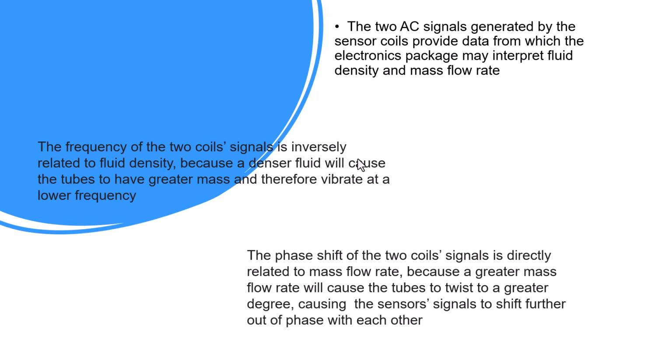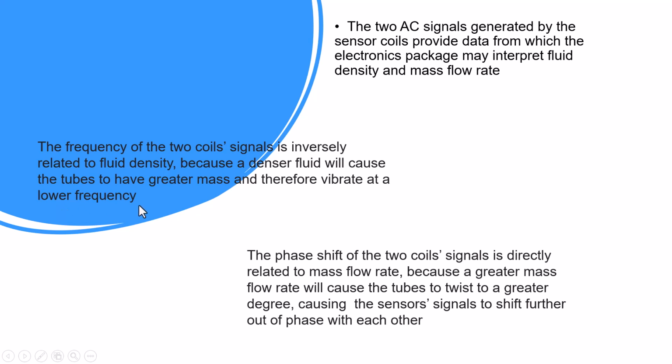The frequency of the two sensor coil signals is inversely related to flow density, because a denser flow will cause the tube to have greater mass and therefore vibrate at a lower frequency.